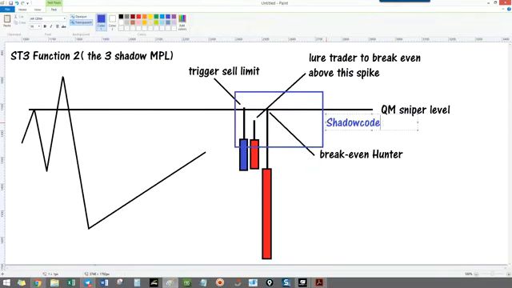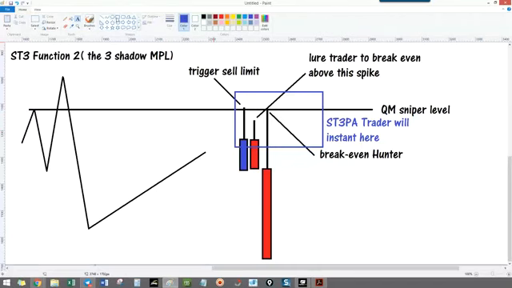Shadowcode ST3 PA. Okay, ST3 price action trader will instant here. Okay, we do not use pending order.